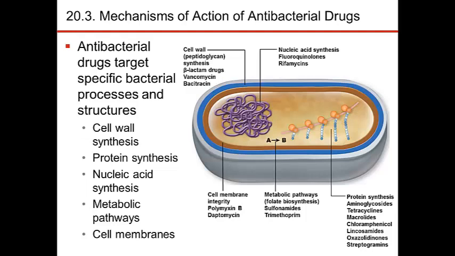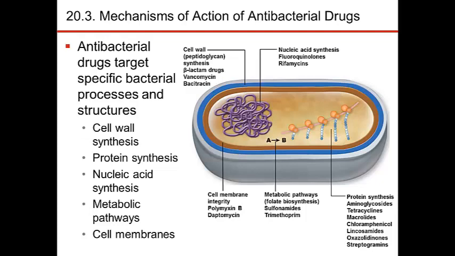Let's start to discuss the drugs themselves. How exactly do drugs, for example, act on the bacteria? Well, there are usually 5 different ways in which they can act. They can act to inhibit cell wall synthesis. They can inhibit protein synthesis. They can cause inhibition of metabolic pathways.